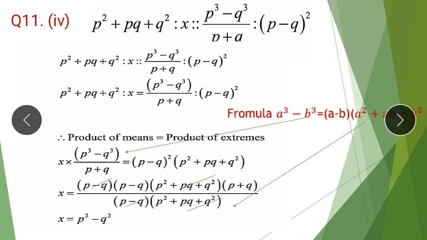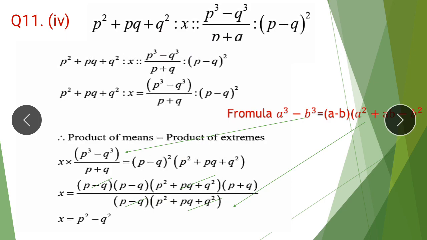Next question, this is the last part of question number 11, fourth part. Okay, second last part. Here you have p square plus pq plus q square, and you have the next values here. Let's go with the product of extremes and product of means. Here it doesn't matter if you write product of means first or product of extremes first, there will be no effect on the ratio or proportion.